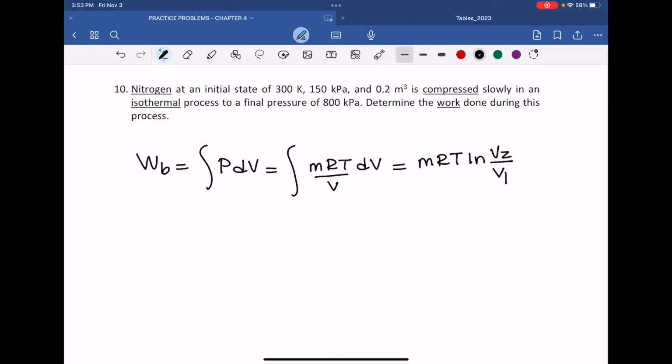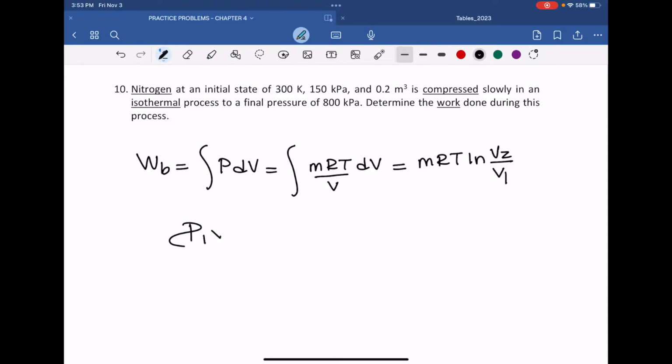Okay, so now we don't know the mass, and we don't exactly know the volumes either, so I might need to replace that.